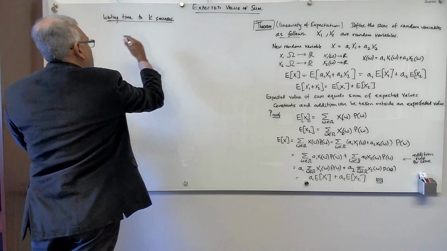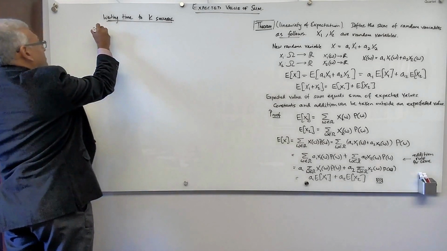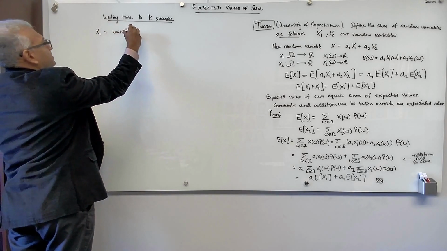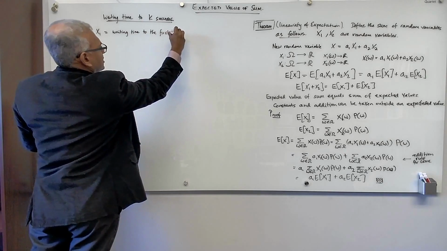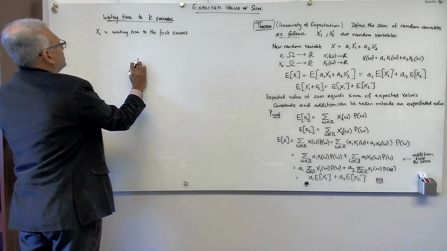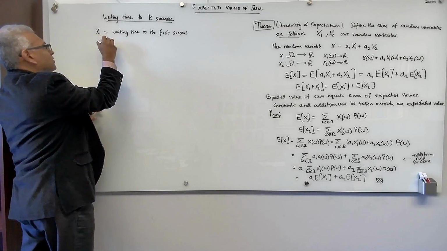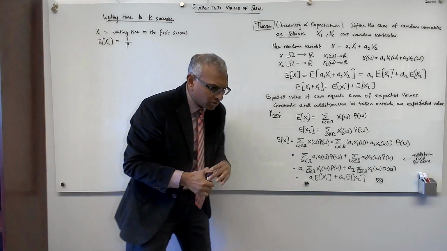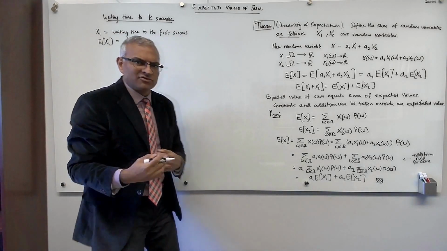Okay. So, the waiting time to 1 success, so if X1 is the waiting time to the first success, okay, then we showed last time that the expected value of X1 is equal to 1/P. Okay. But what about the waiting time to K successes? So let's imagine the process where you're waiting for K successes.